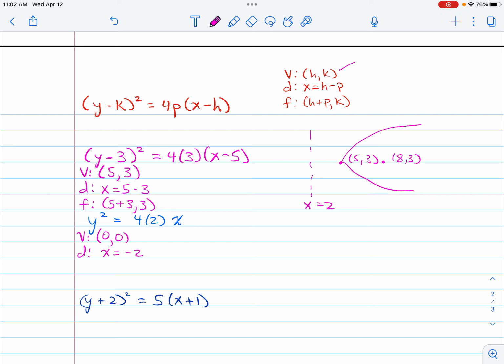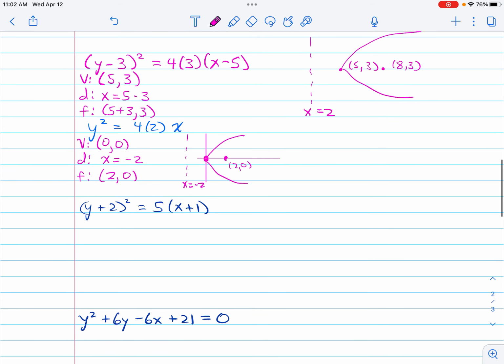Okay, so it's 0 minus 2, and the focus is going to be 2, 0. So if you look at this one, you've got the origin here, that's the vertex. Over here, you've got x equals negative 2, and here's 2, 0. So it looks something like this.